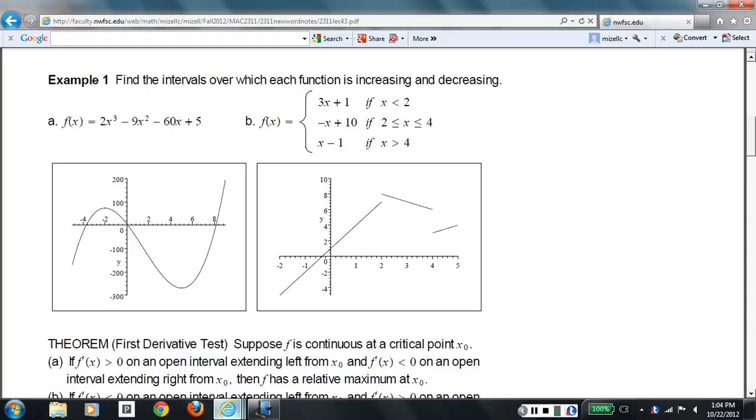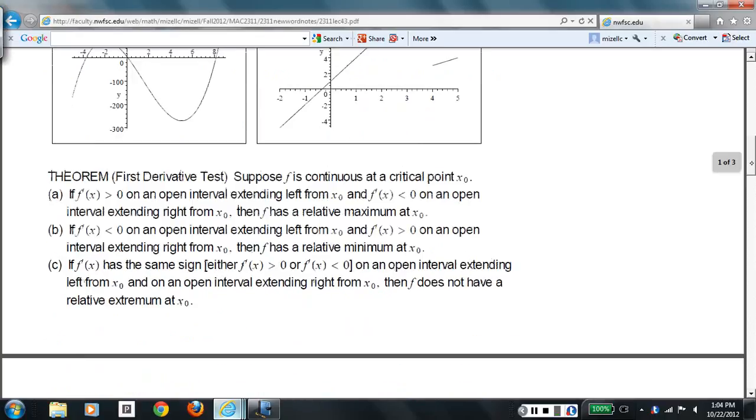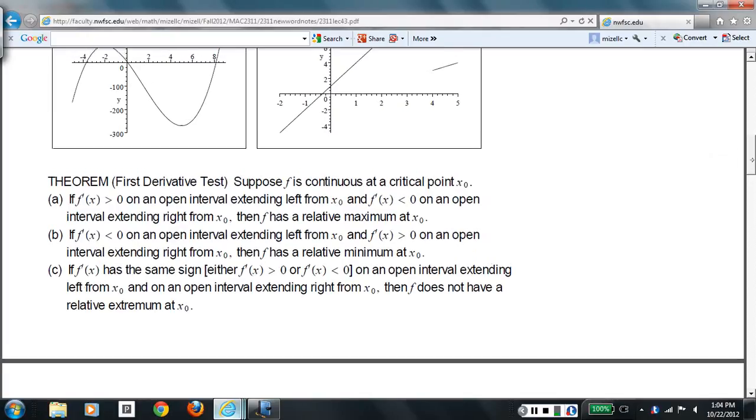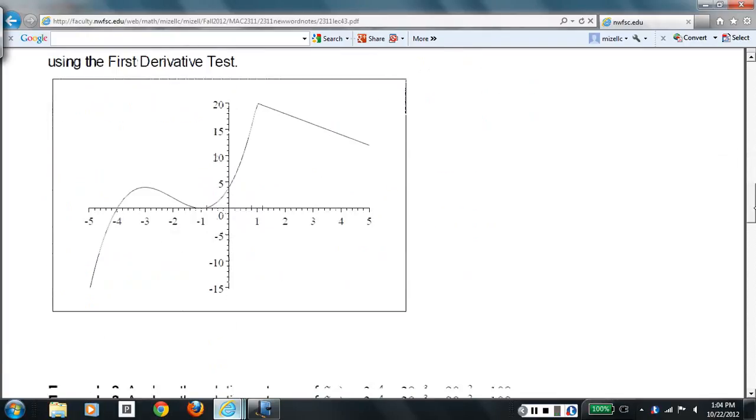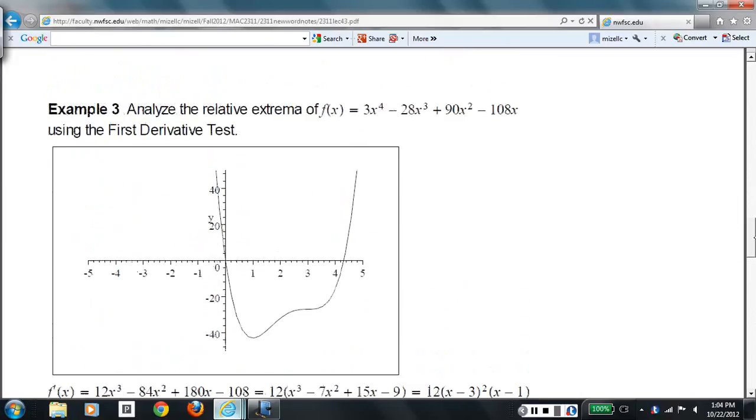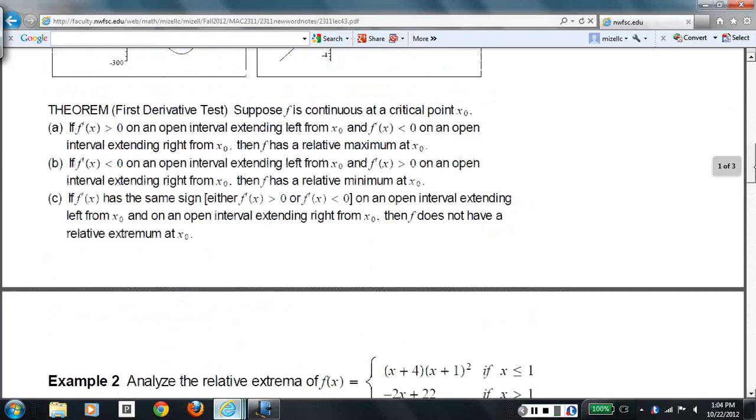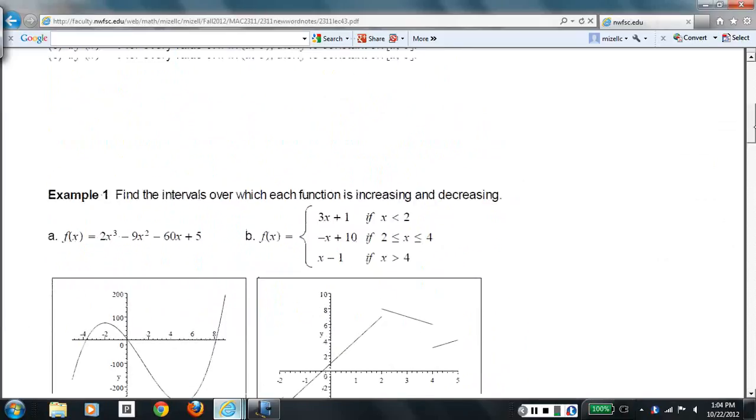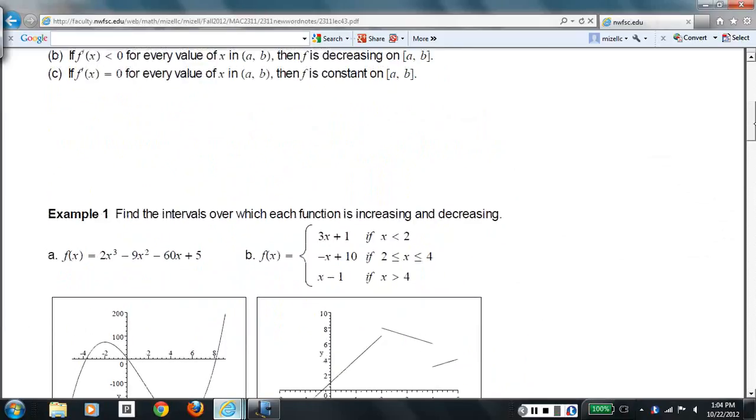We've not yet done the first derivative test.